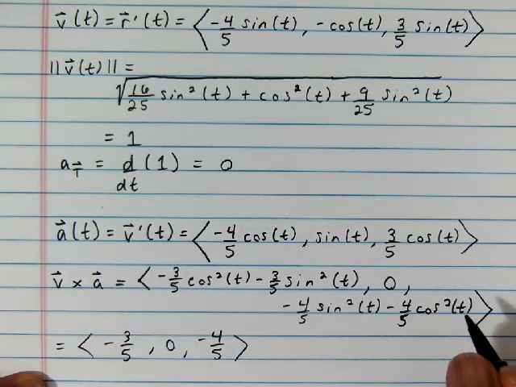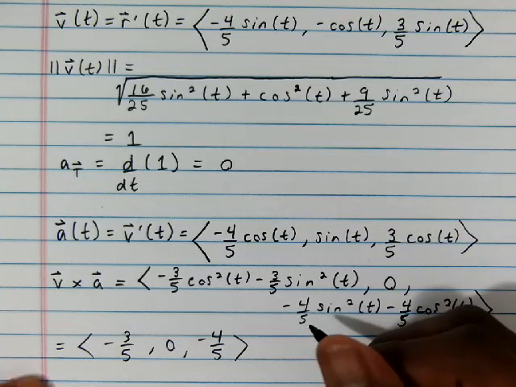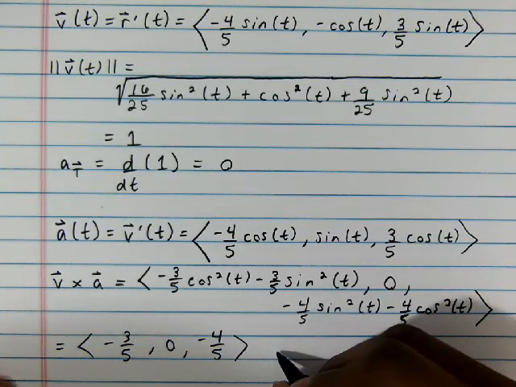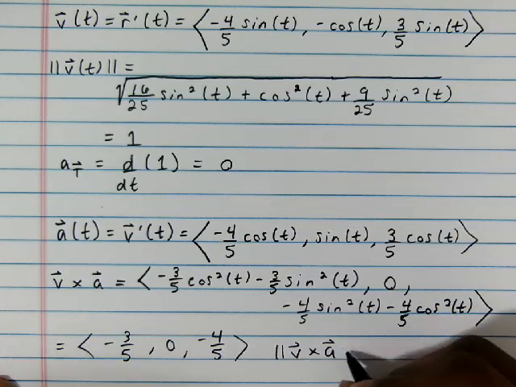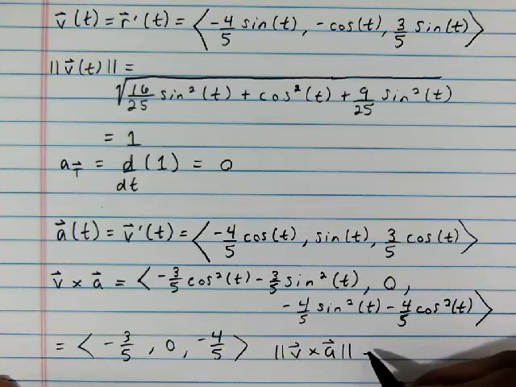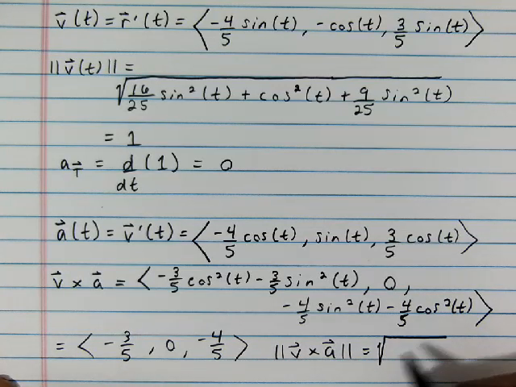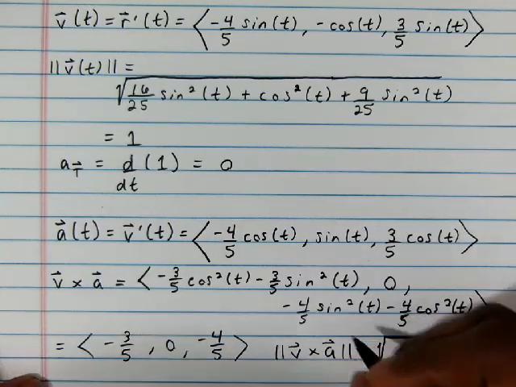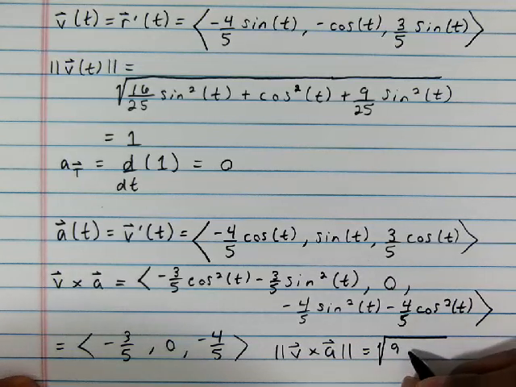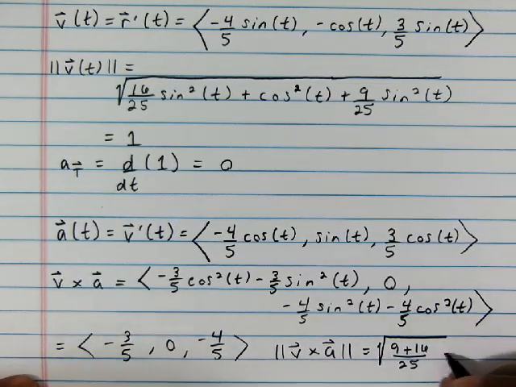And we need to find the magnitude of this. So the magnitude of v cross a is just going to be equal to the square root of 9 over 25 plus 16 over 25. 9 plus 16 over 25 gives us 1.